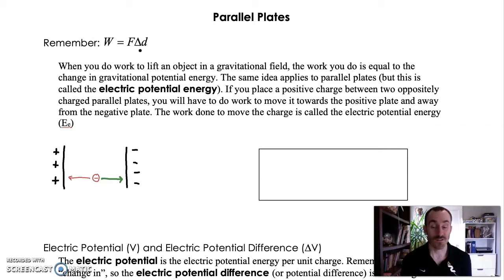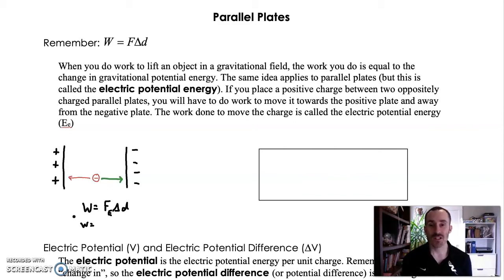And so our formula for electrical potential energy follows this pattern that we've established using work. Work is force times displacement. So if we're doing work equals force times displacement, in this case, this is electric force that we're talking about, Fe. And Fe is Q times E when you are in a uniform electric field.